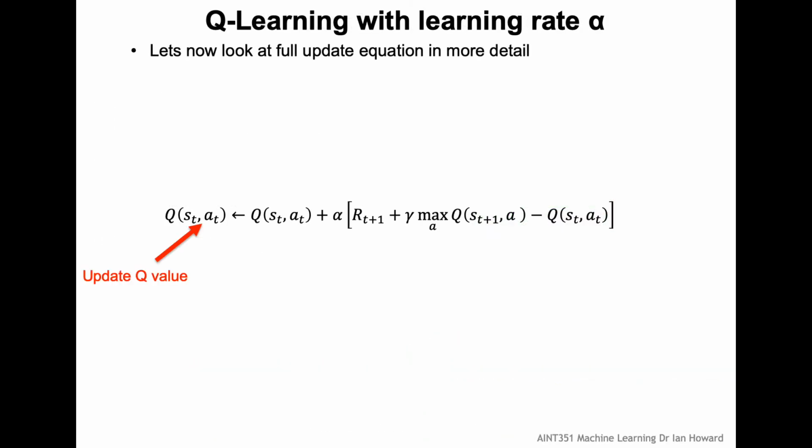Let's now look at the update equation in a little bit more detail, just because this is something that you're going to have to implement. So this is the updated Q value on the left-hand side.